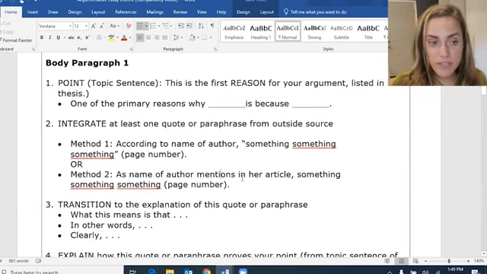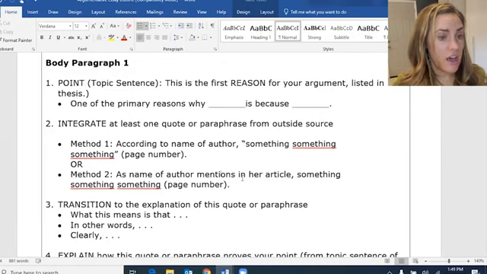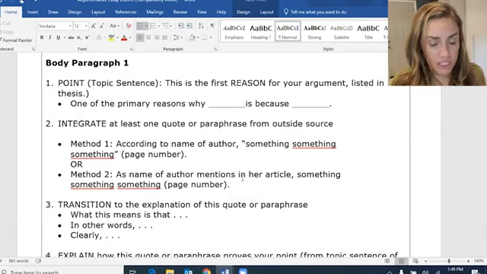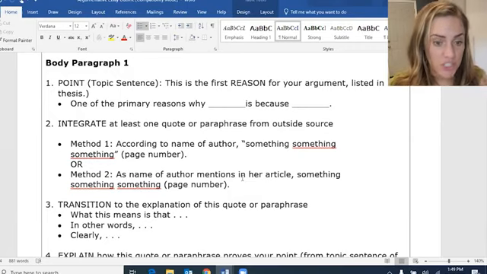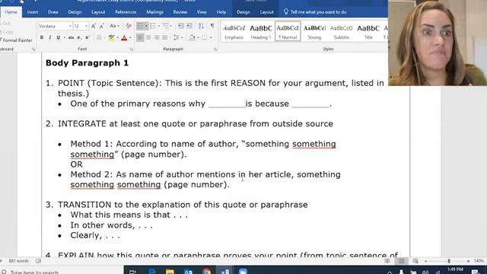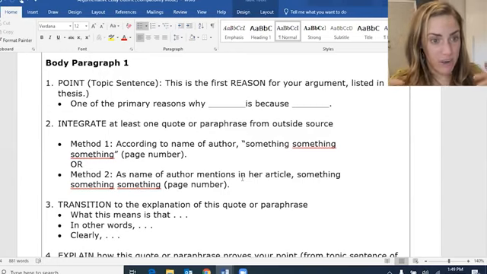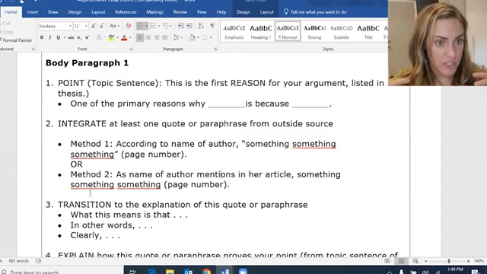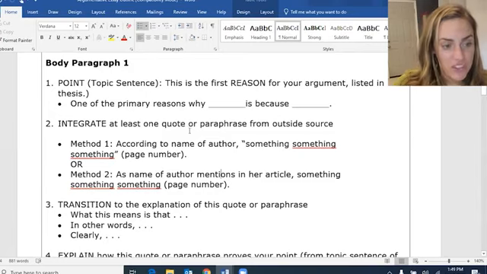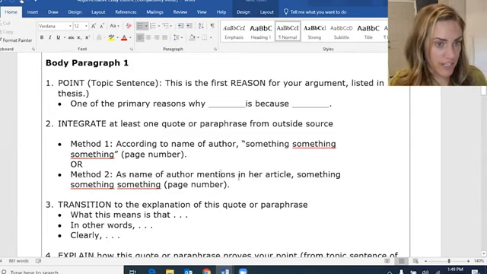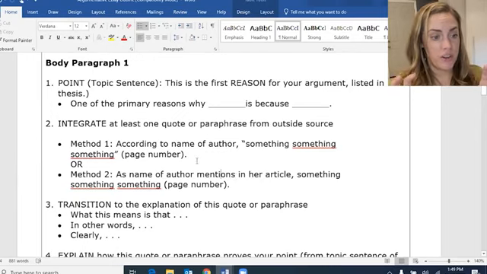It could always be, at least in my classes, life experience, someone's own personal life experience. But a lot of times it makes it much more effective sometimes to bring in an outside source as well. So you can integrate a quote or a paraphrase, and that's what I want my students to do. Integrate an outside source quote or paraphrase that supports your argument, right?